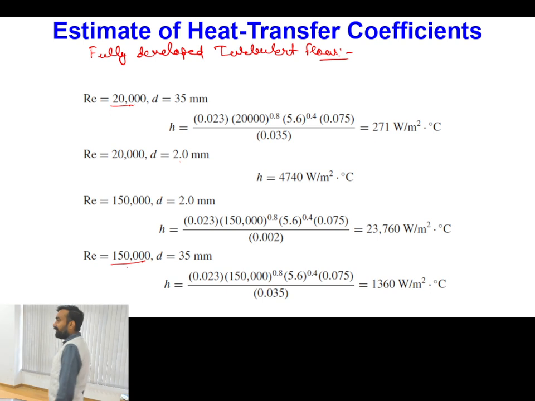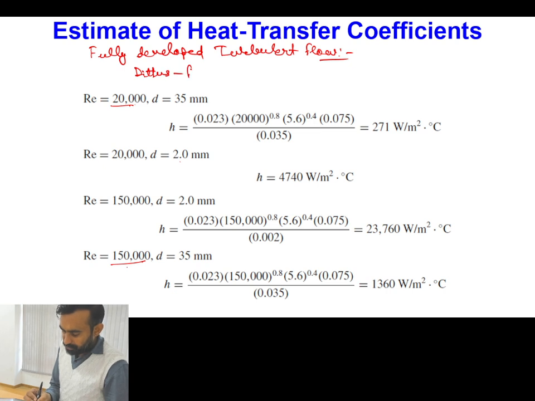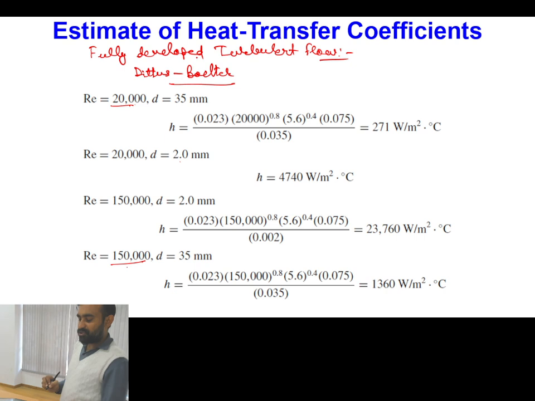Now theoretically, if I have to estimate heat transfer coefficient for fully developed flow, what is my relation? There are various heat transfer coefficient relations available if you study convective heat transfer in your basic heat transfer course. One of the very important relations typically used in estimation of heat transfer coefficient for fully developed turbulent flows is known as the Dittus-Boelter equation.